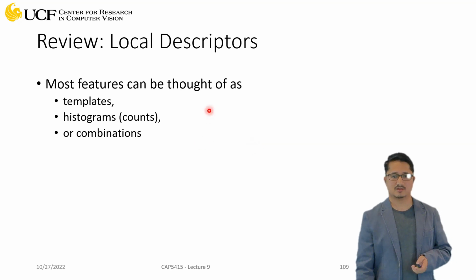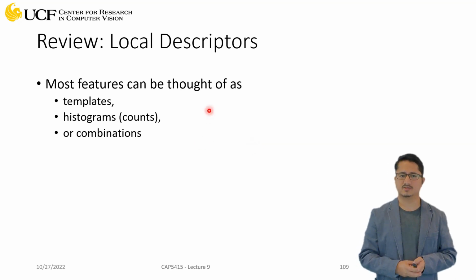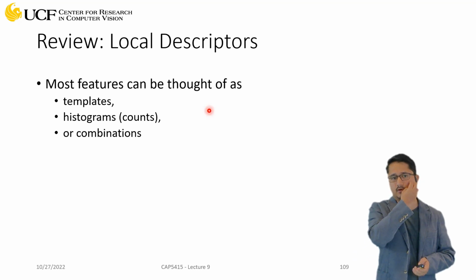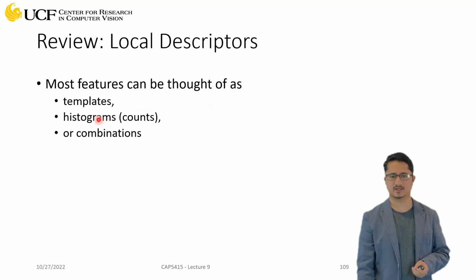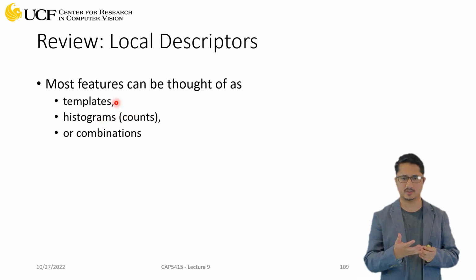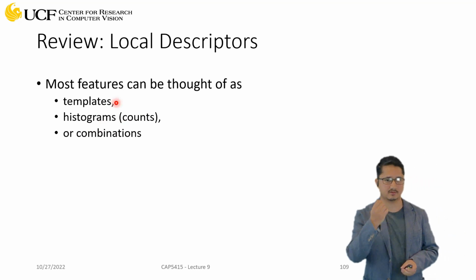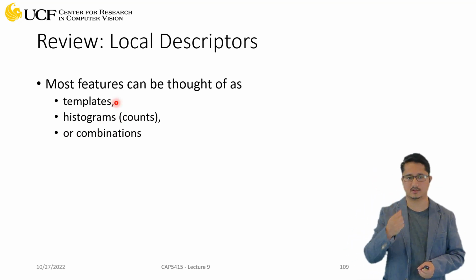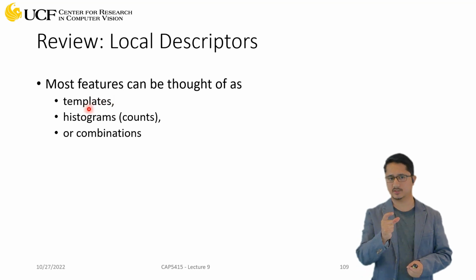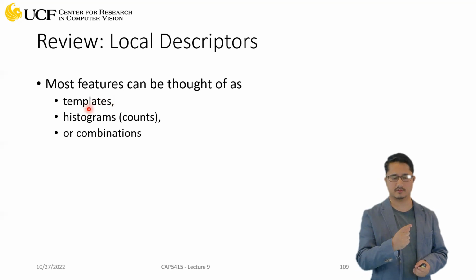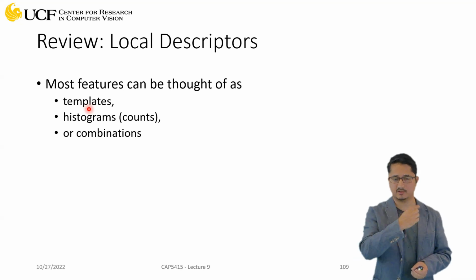Okay, so this is a quick recap of local descriptors, and most of these features which we have studied are based on histograms, right? HOG was based on histograms. Then even SIFT, we were computing a histogram of gradients. And you can have templates as well. A template is something you use when you are performing filtering, right?